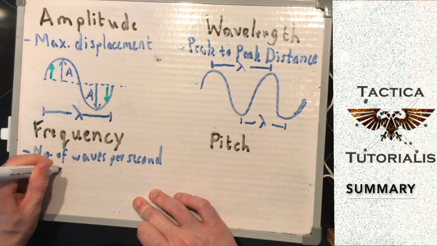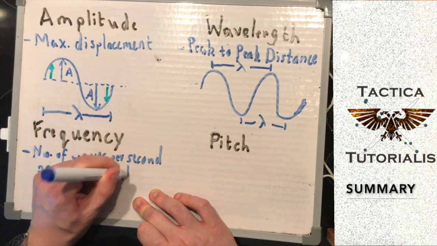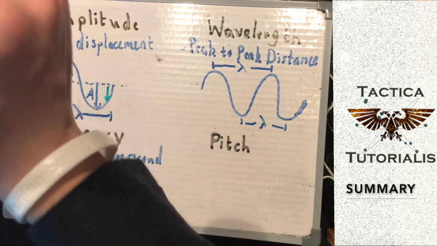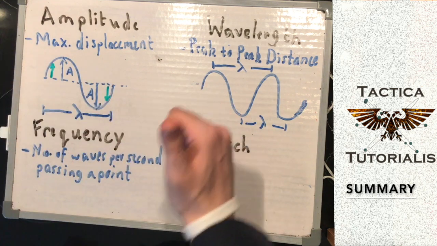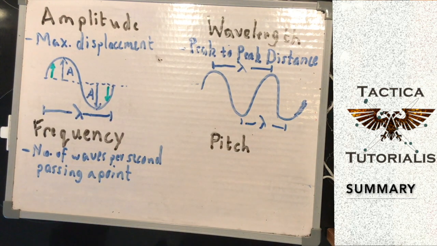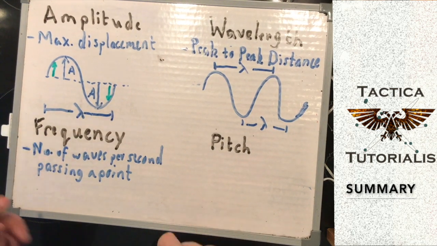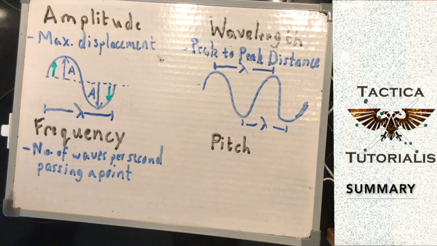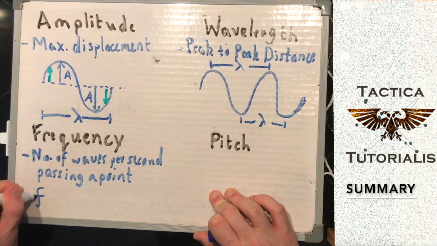So if your wave is traveling along through space or a vacuum or the air, and you were able to hold a point and count the waves as they went past, the number that went past your point is equal to the frequency. It's almost how frequently a wave passes, if you like, then extended out in a 1 second interval.